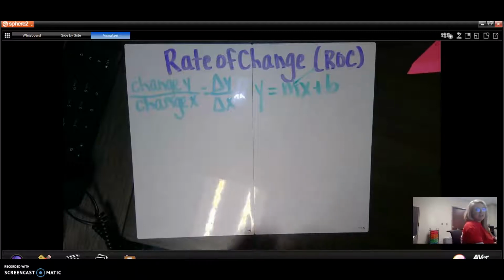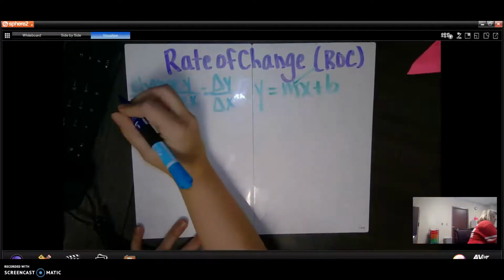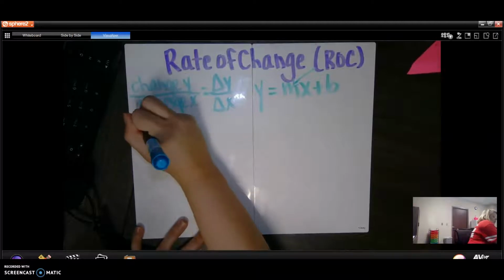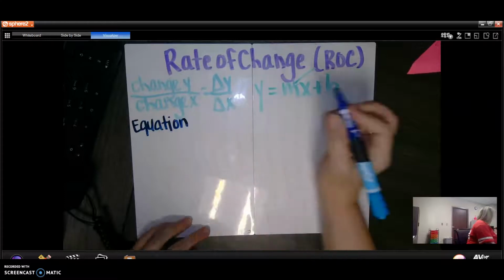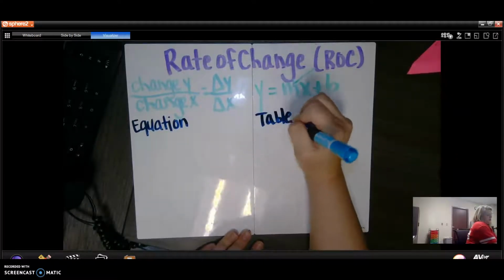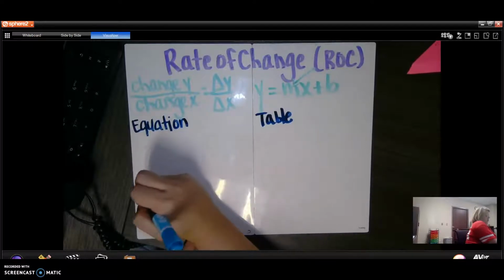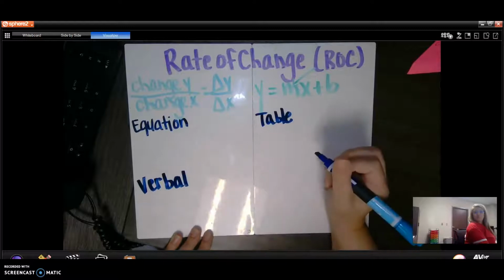Okay. Now, just like in today's lesson, we talked about representing rate of change in a couple of different places, okay? We talked about equations. We talked about a table. We talked about a verbal description, okay?